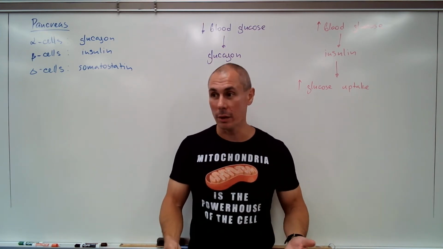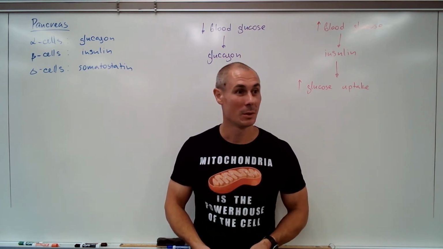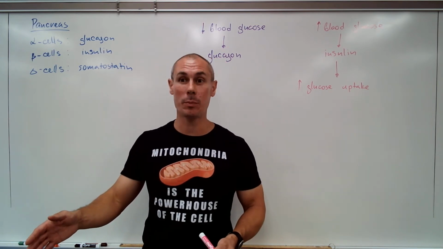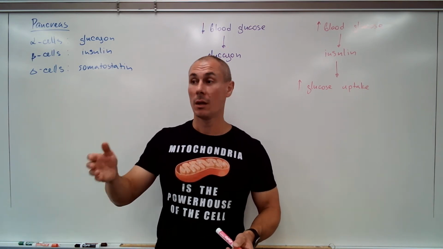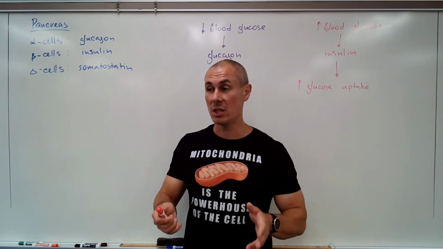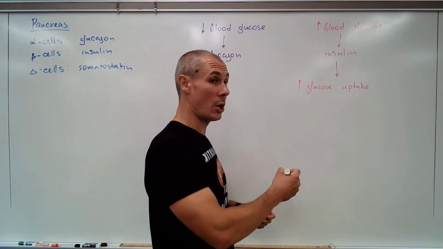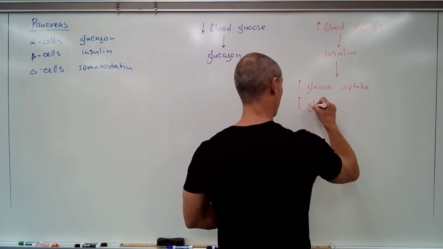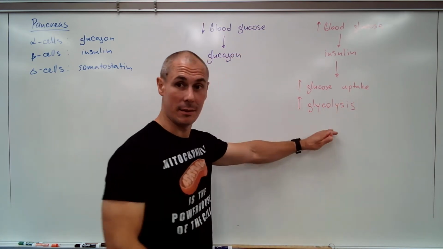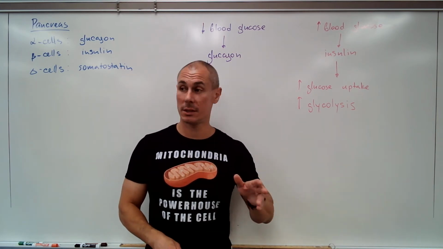What is the main molecule that is produced in that powerhouse? ATP. So glucose is used to make ATP. Does that make sense? It happens in the process of cellular respiration or fermentation. These processes have one step in common. It's glycolysis. So insulin will increase the utilization of glucose. Glycolysis literally means the breakdown of glucose. Does that make sense?